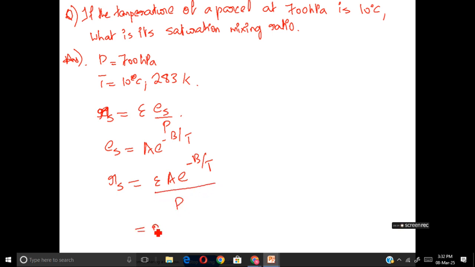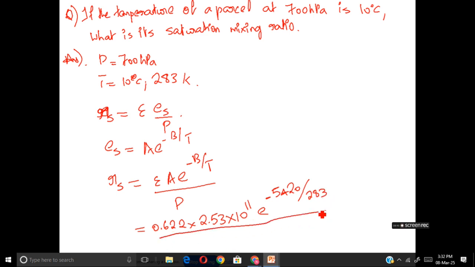So it will become 0.622 into 2.53 into 10 raised to 11 into E raised to minus B, which has a value of 5420, divided by temperature 283 Kelvin, the whole divided by the pressure 700 into 10 raised to 2.